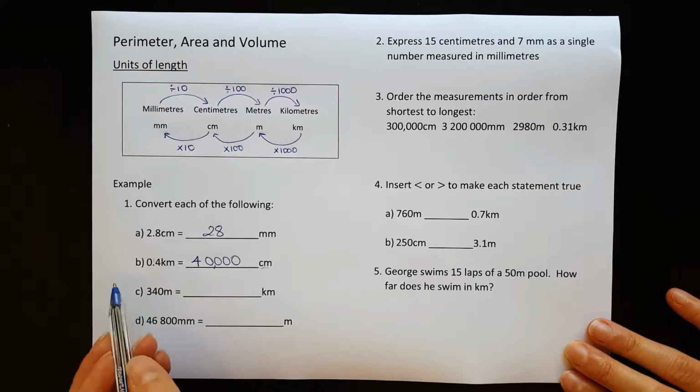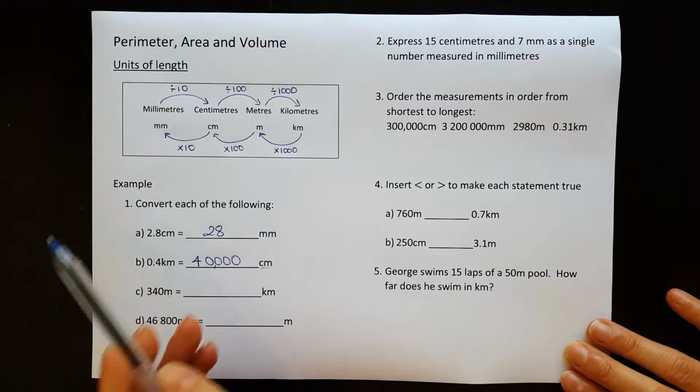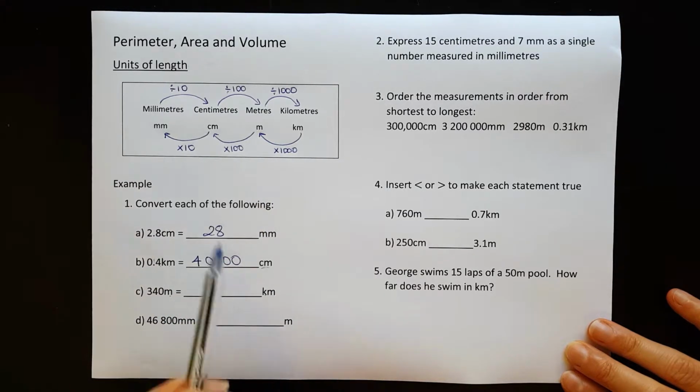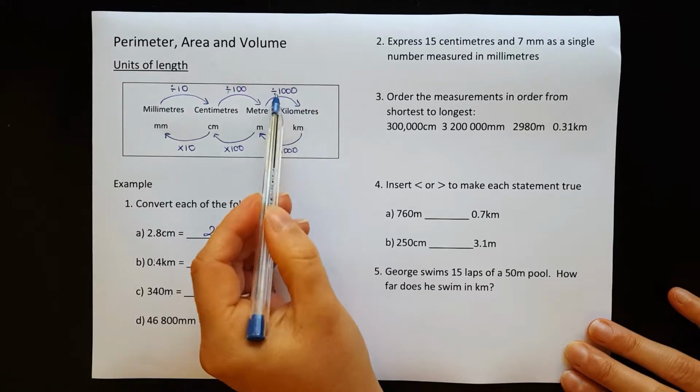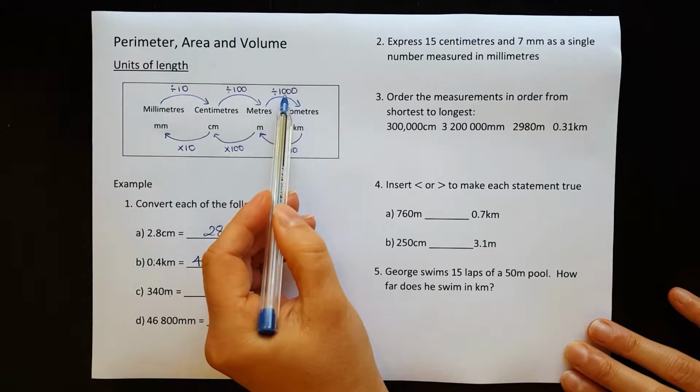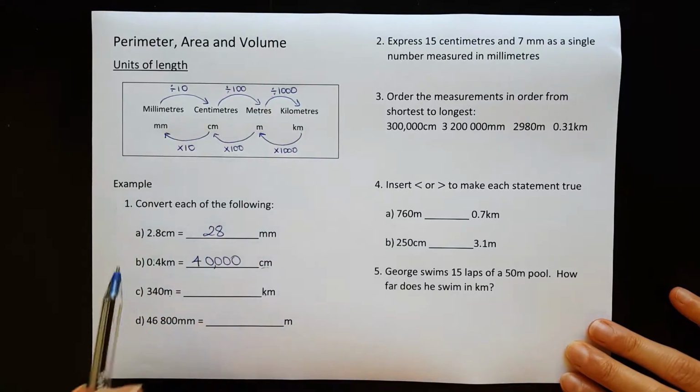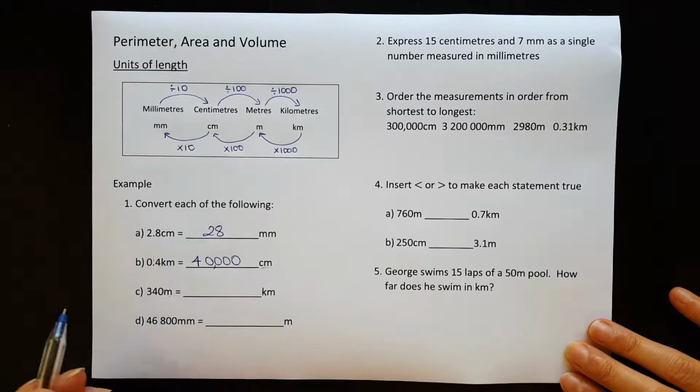Let's look at C. 340 meters that I want to convert into kilometers. Going from meters towards kilometers, I am now dividing by 1,000. There's 3 zeros here, so I need to go backwards 3 places for the decimal point, because I'm dividing.